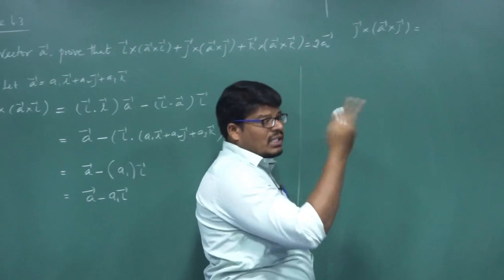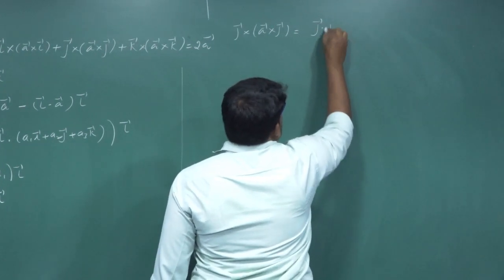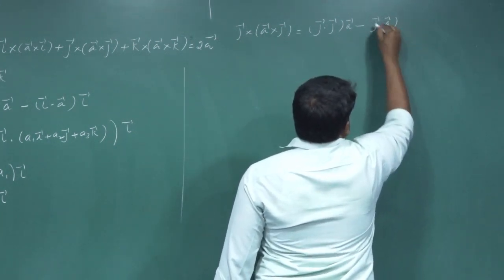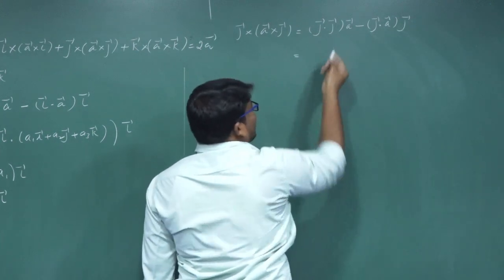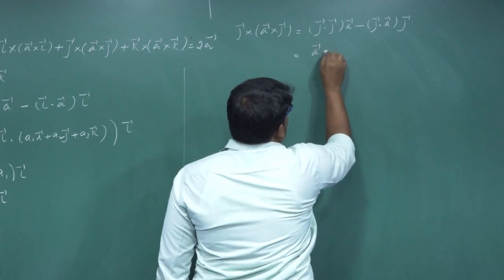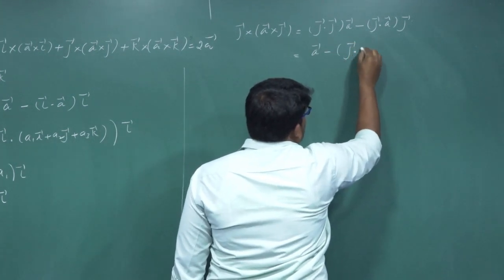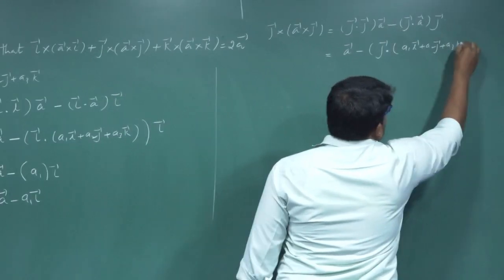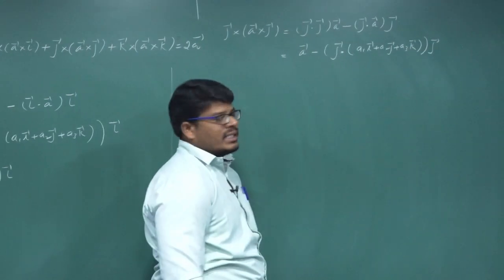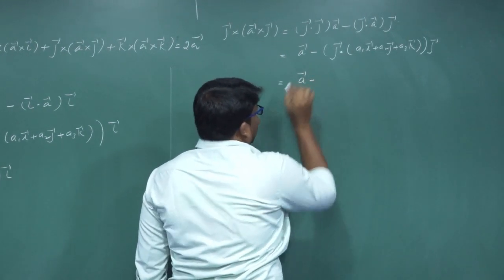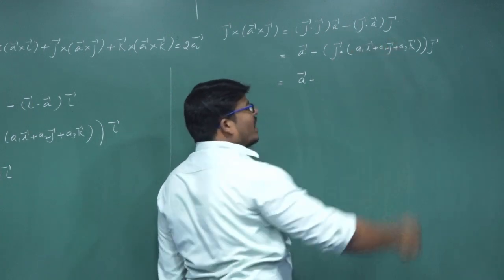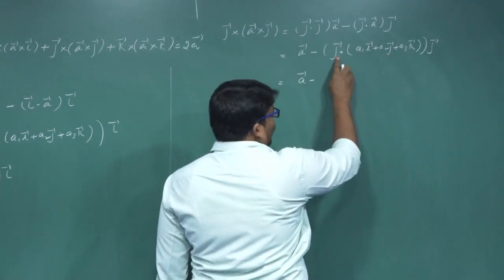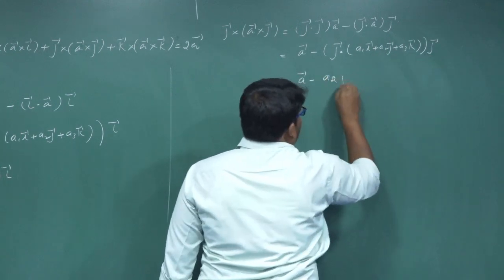By the expansion of the vector triple product, it equals j dot j into A vector minus j dot A vector into j vector. j dot j is 1, so it is A vector minus j vector dot A1 i plus A2 j plus A3 k into j vector. The dot product j dot j is 1, otherwise 0, so 1 into A2 is A2, giving A2 j vector.